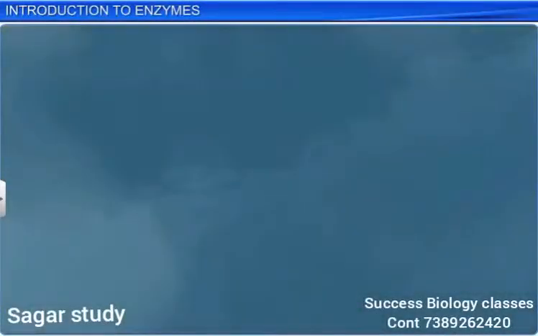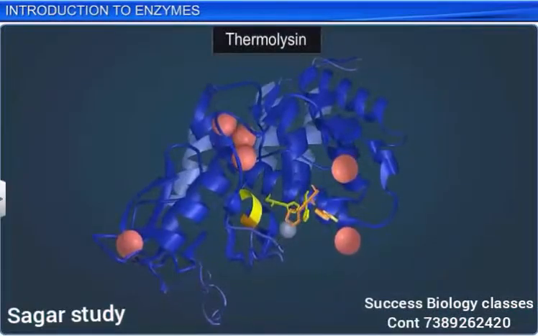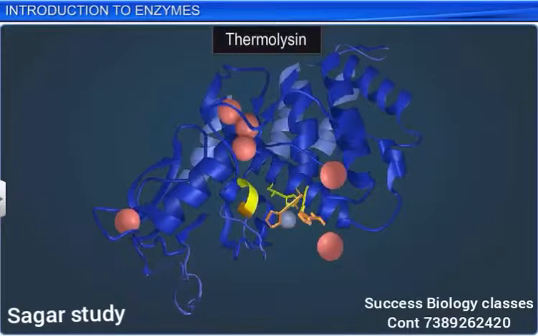However, some enzymes such as thermolysin can be isolated from thermophilic organisms that live in high-temperature environments like sulfur springs. These enzymes retain their catalytic power even at temperatures as high as 80 to 90 degrees centigrade.